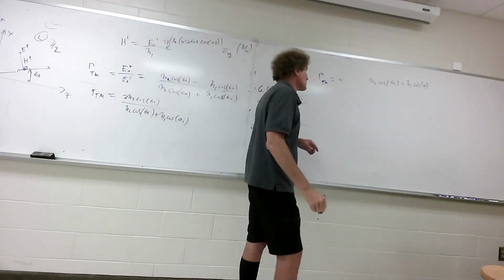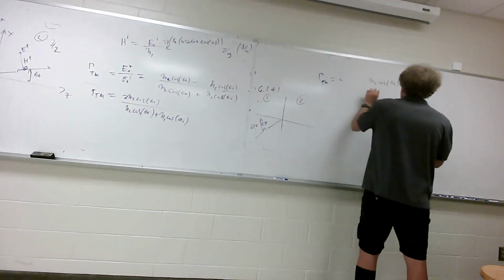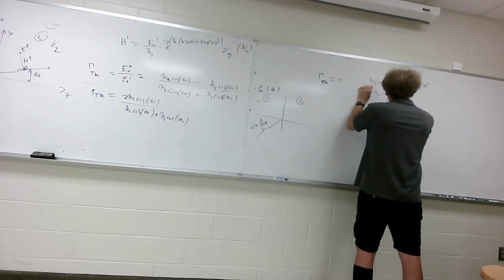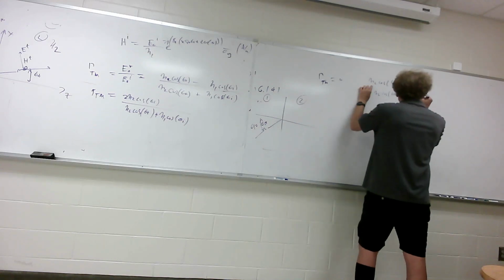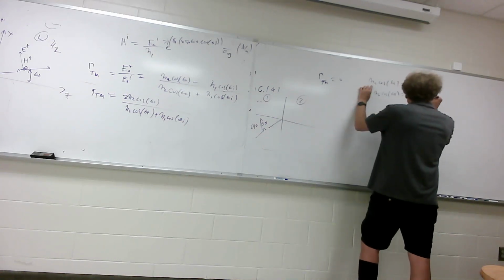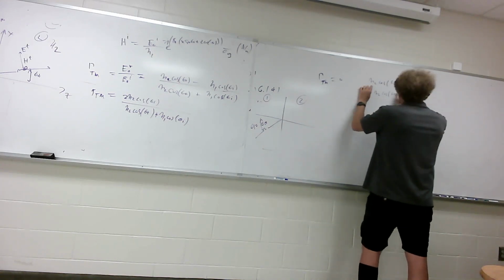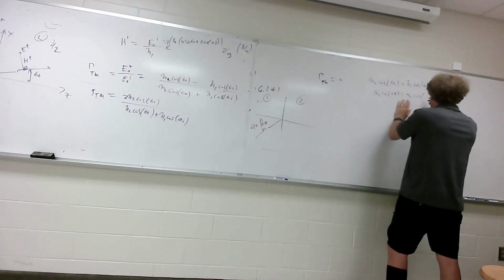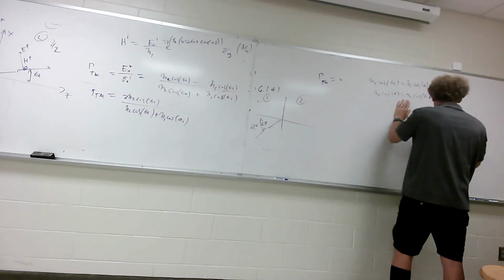Follow me? So at Brewster's angle, eta 2 cosine of the transmitted angle is equal to eta 1 cosine of the Brewster angle.